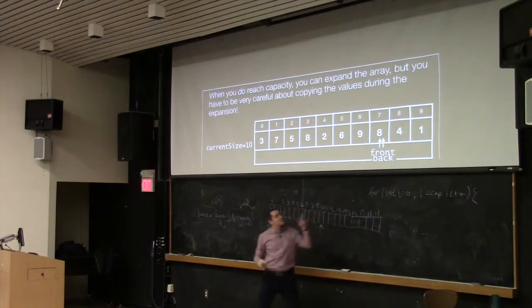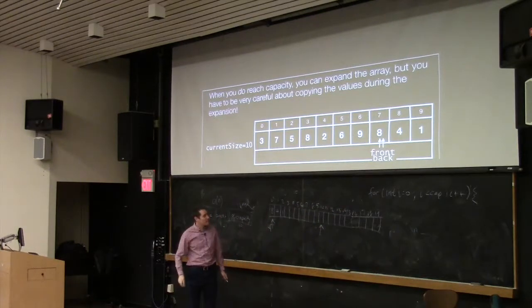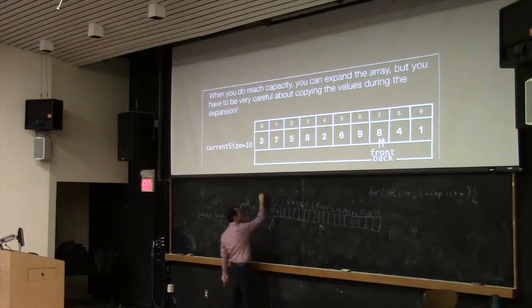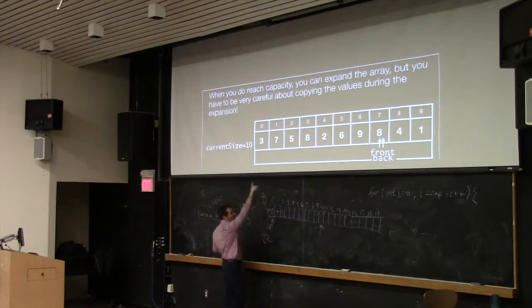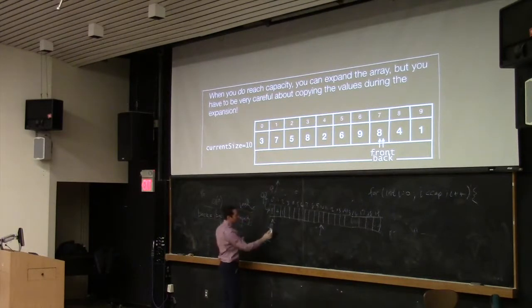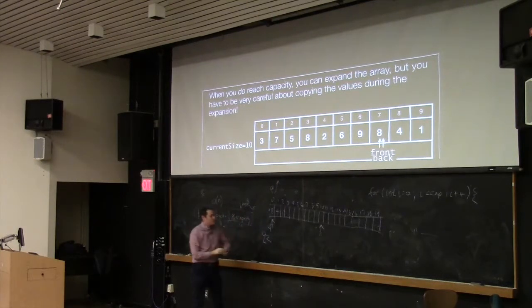And then we need to actually do the copying itself. So let's say we have our original Q. Q is the one on the board, or the one on the overhead. And we'll call the new one Q2.